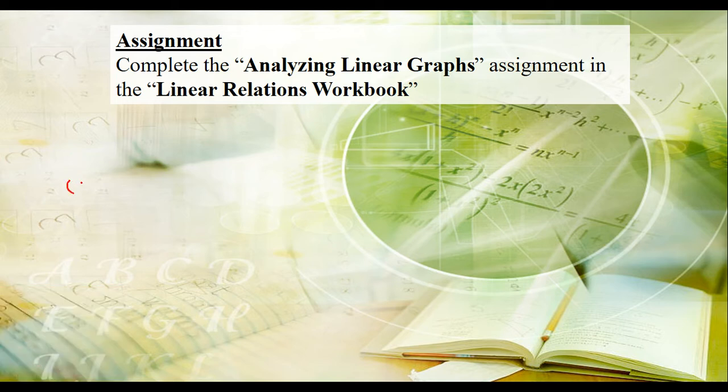So let's do part C. So it says, is it reasonable to determine how much you make for 3.5 hours? And I'll say yes. Since a person could work 3.5 hours.